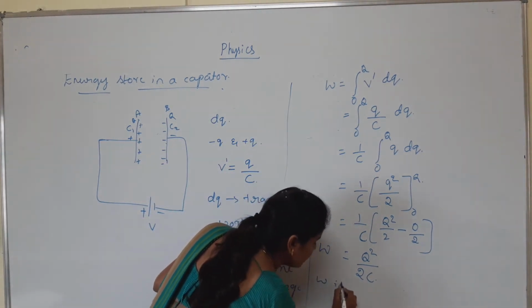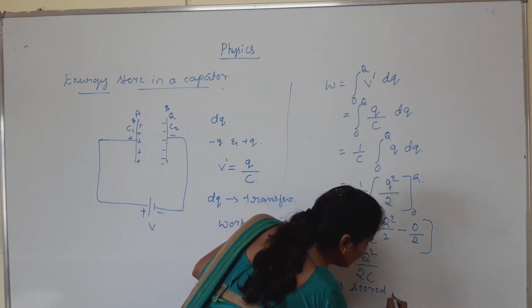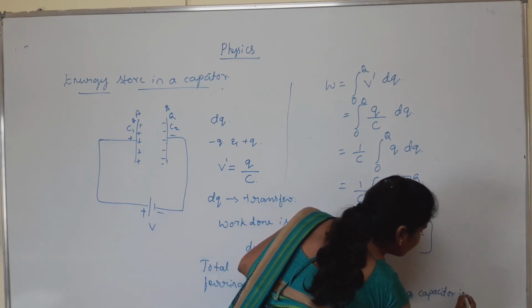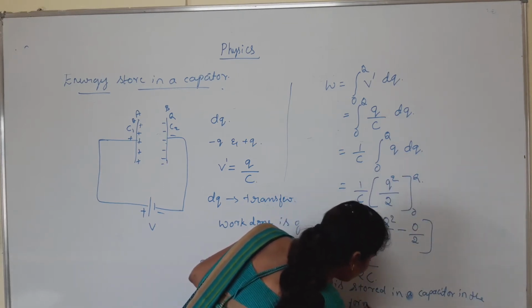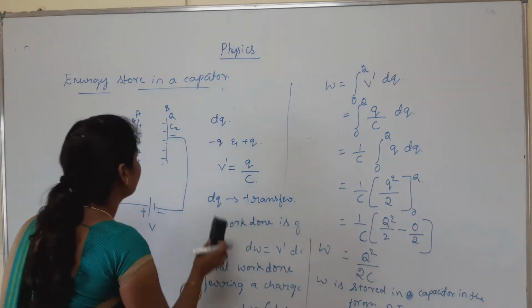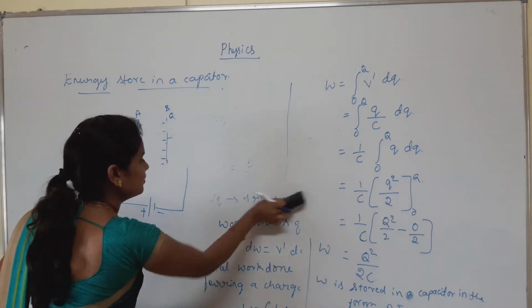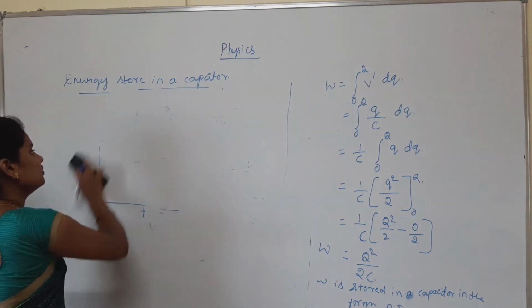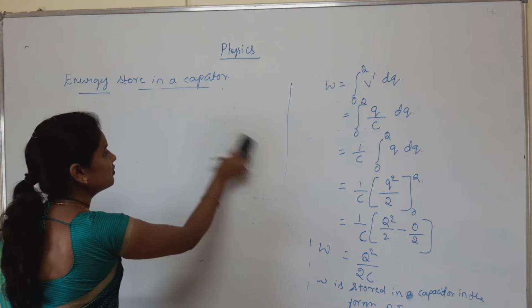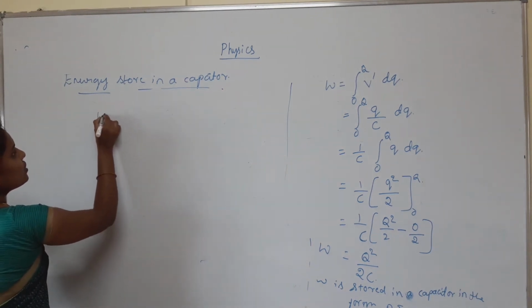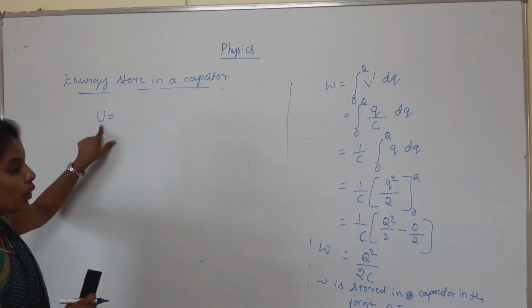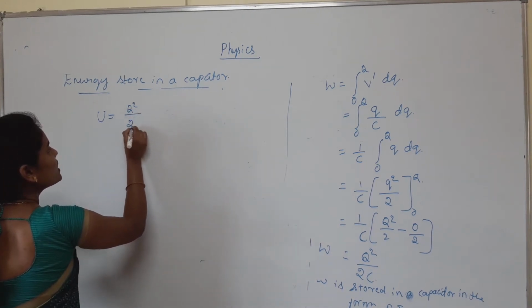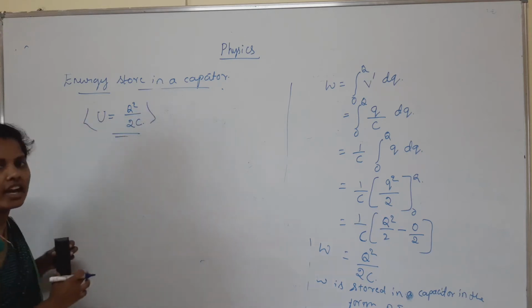The potential energy, represented by the letter U, is given by U equals Q square divided by 2C. This is the energy stored in a capacitor.